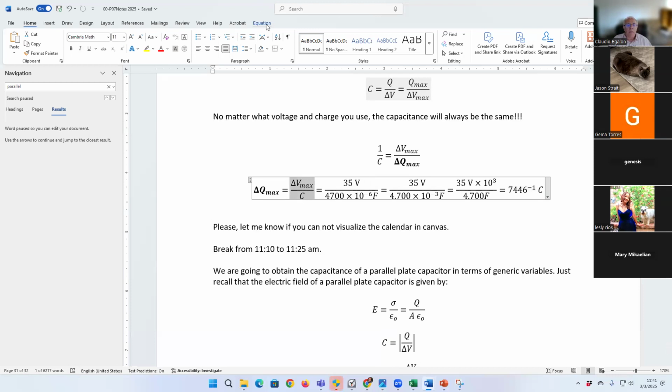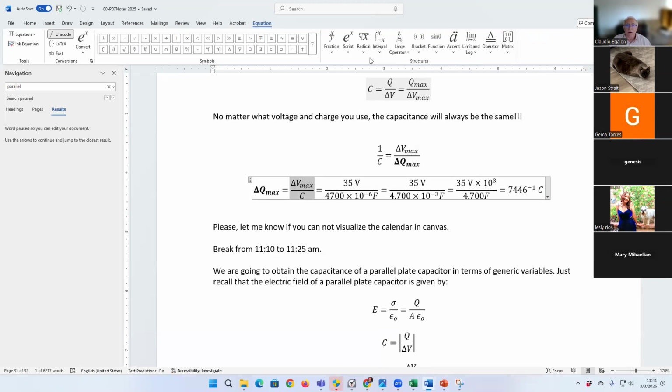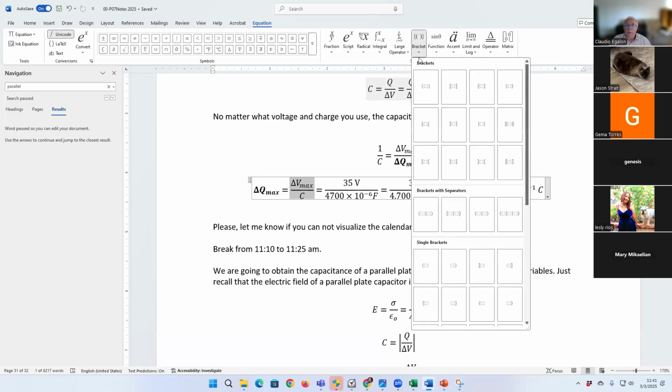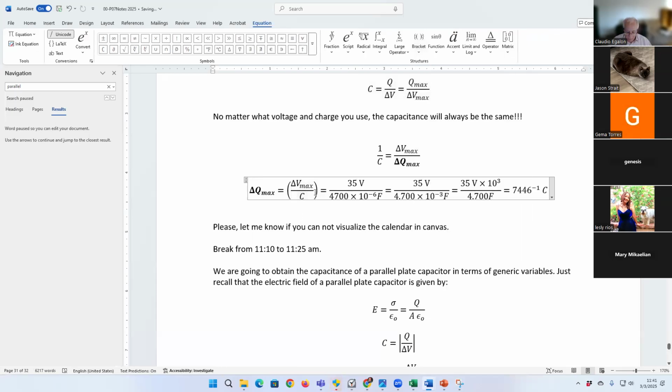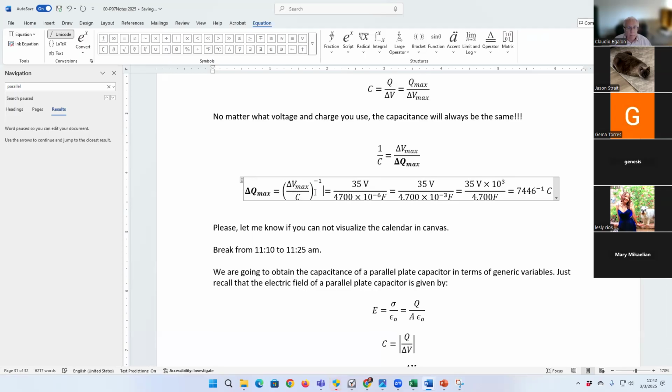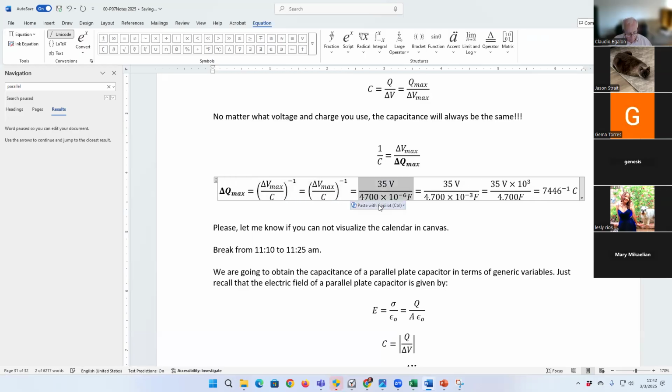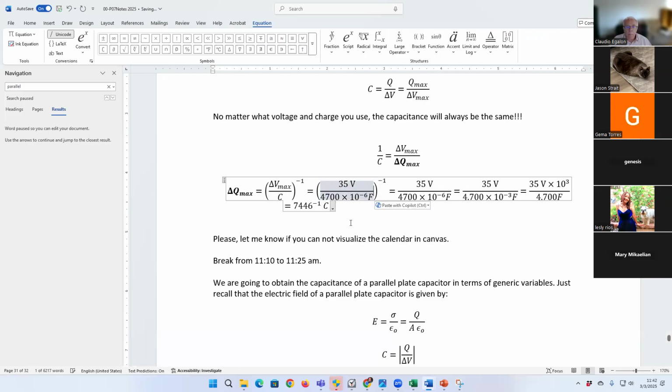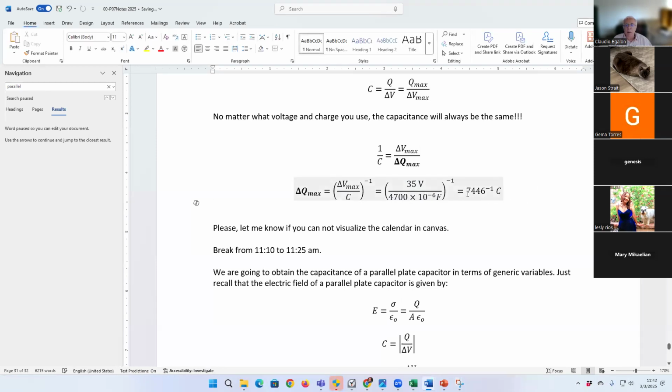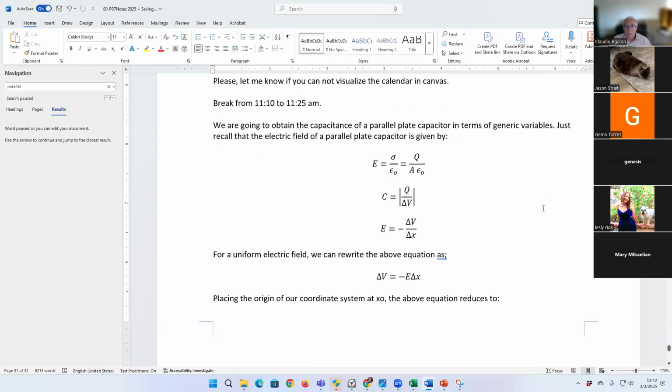Here, all of that should be raised to the -1. Fix. Okay. -1, right? And then we end up with something like that. Gotta do this math here, okay? So Q over delta V.